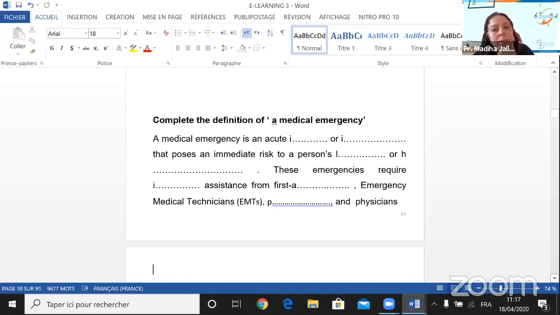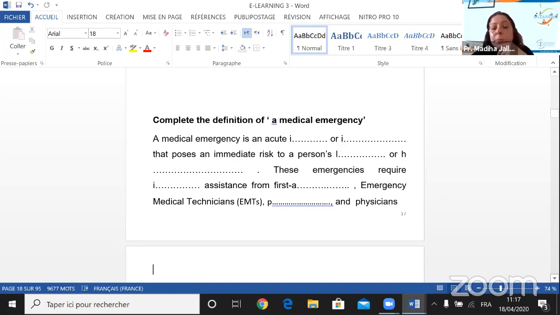Think of healthcare. And these emergencies require assistance. This assistance must be immediate. So no delay, you cannot delay responding.